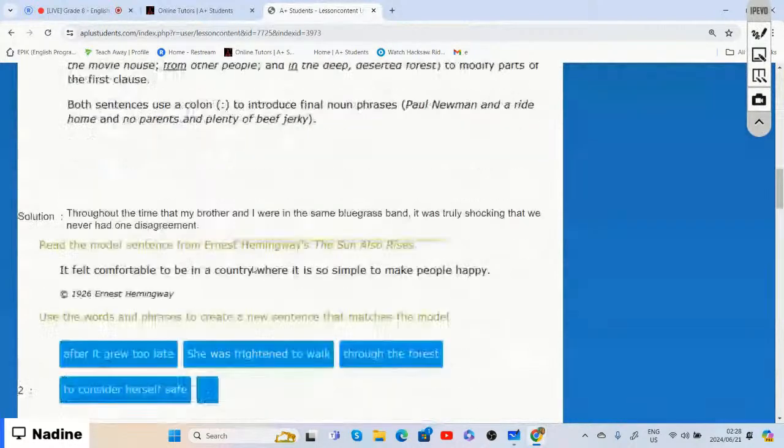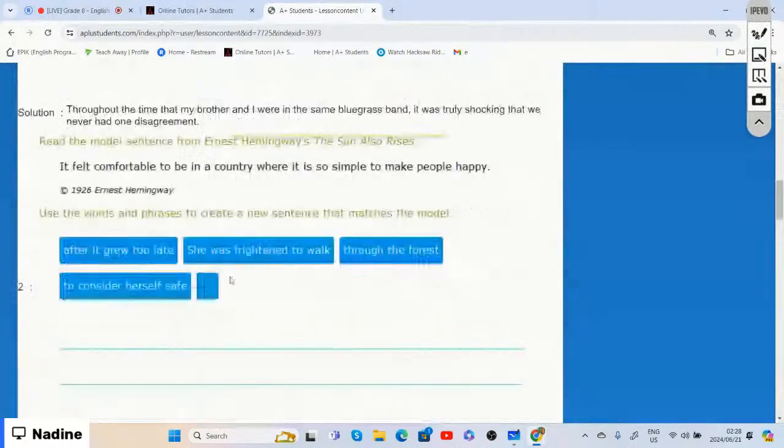All right, let's look at the next one. We need to read the model sentence from Ernest Hemingway's The Sun Also Rises. Then we're going to use the words in blue given to create a new sentence that matches the model.